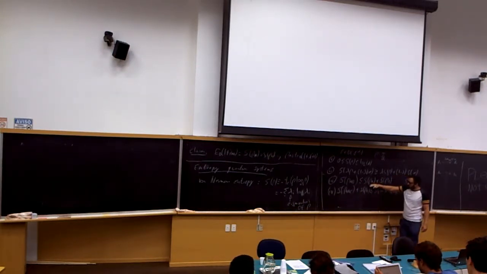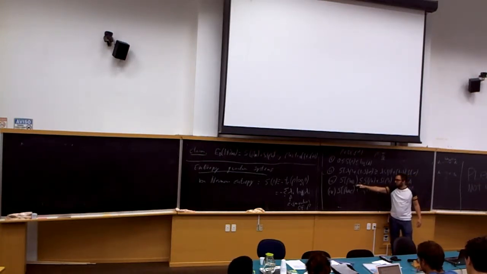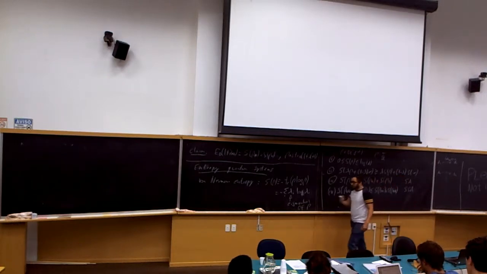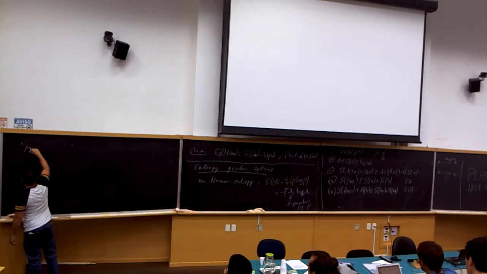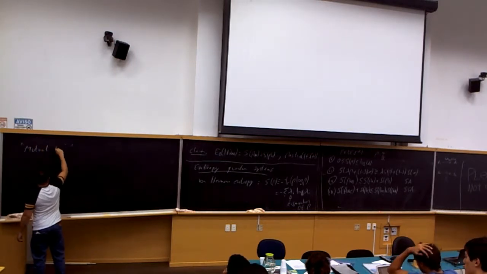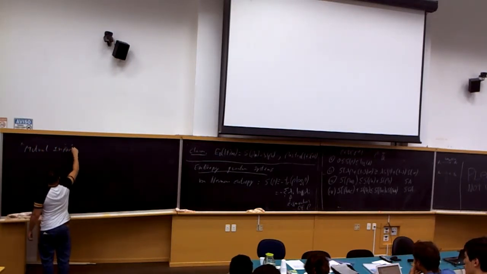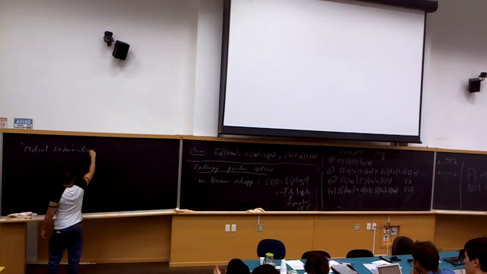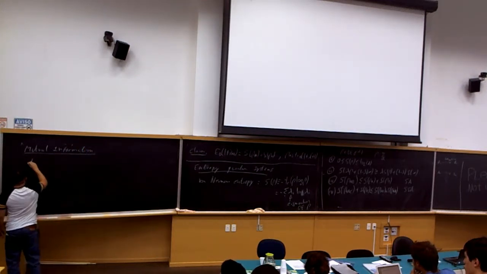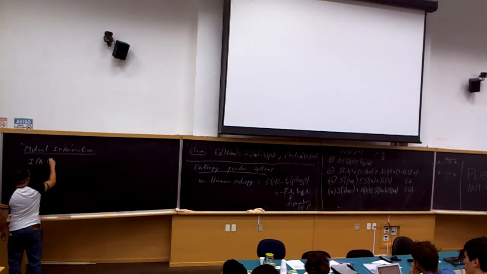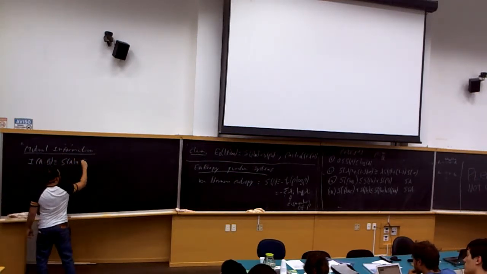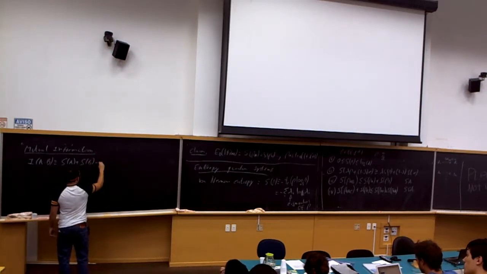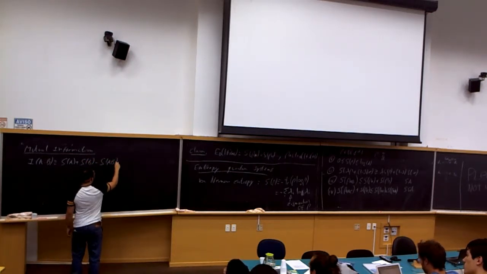Because of this inequality, the right-hand side minus the left-hand side is always bigger than or equal to 0. So we can define a quantity, and this will be an important quantity for us. It's called mutual information, and it's just that thing.